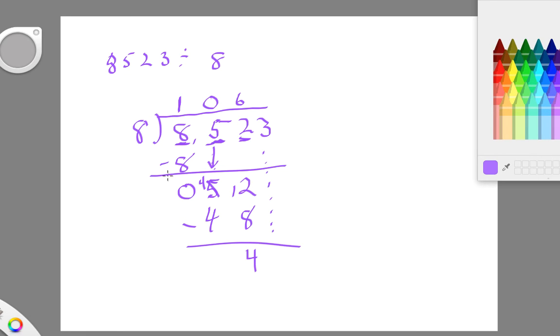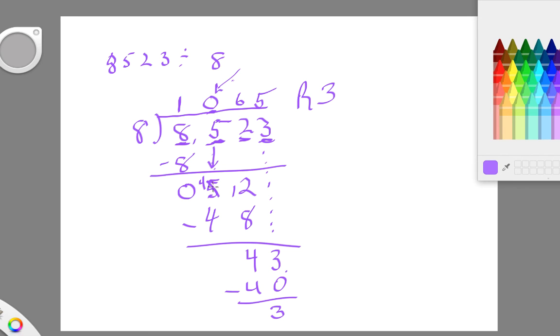That can't be shared equally among 8, so we're going to make it into the ones place. It's 43 ones, and 8 goes into 40 5 times. So 5 times 8 is 40, and when we subtract, we get a remainder of 3. Okay, so the important thing to learn here is this 0 in the hundreds place.